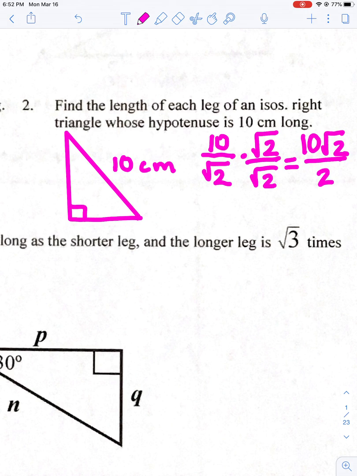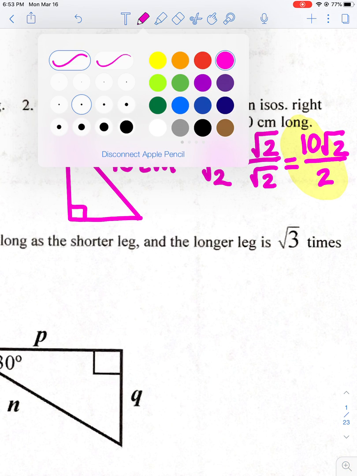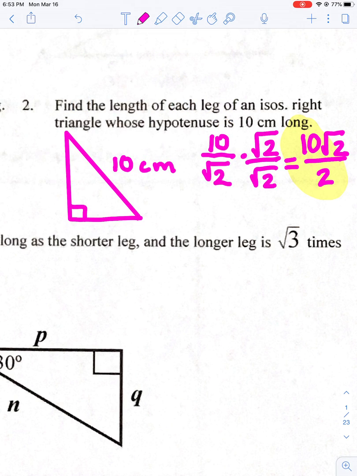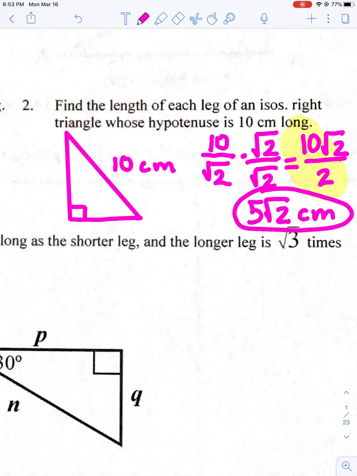I just want to point out that with the 10 and the 2, make sure that if you can reduce, you do go ahead and reduce. And so my final answer should be 5 radical 2. And the units of measure is centimeters.